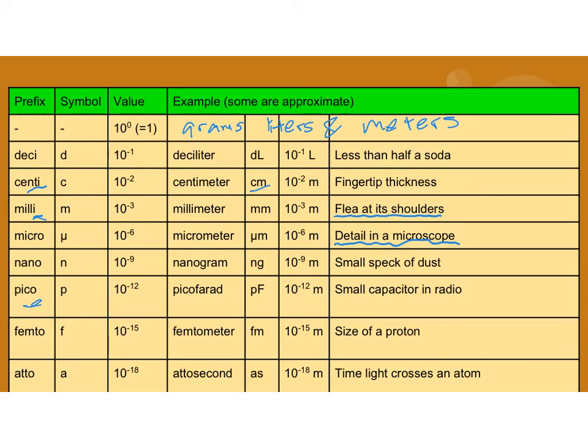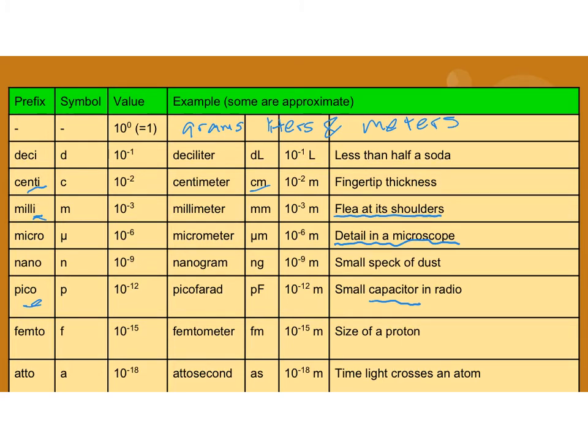A picofarad, that is a small capacitor in a radio. We will learn what capacitors are. They have to do with conducting electricity. That's a measurement, 10 to the negative 12.